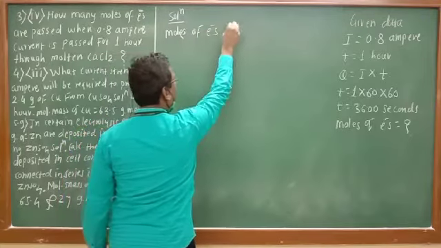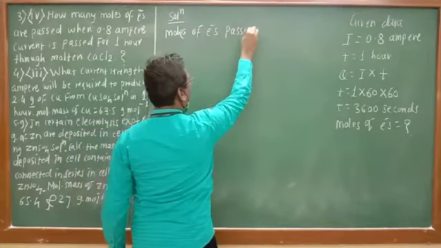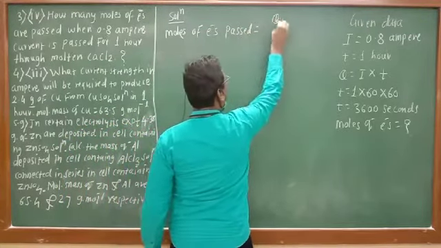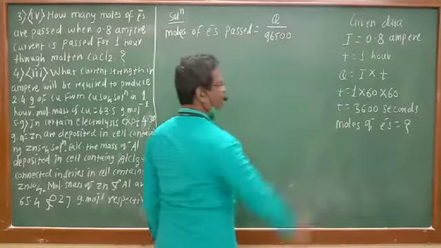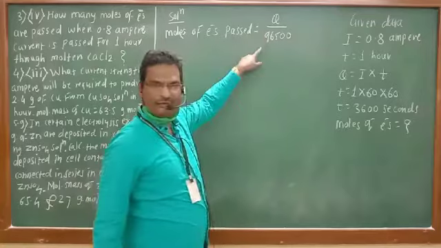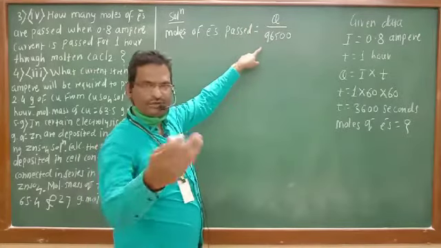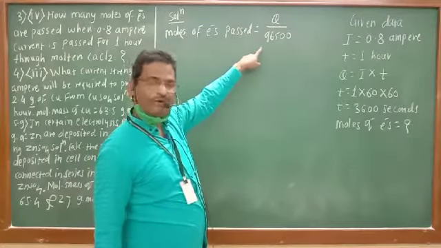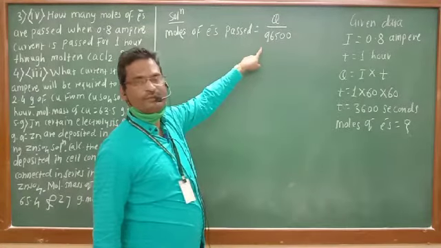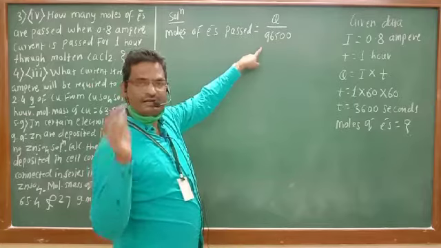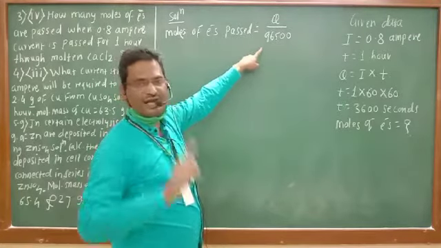Moles of electrons passed is equal to Q divided by 96,500. How this formula comes, we have seen in detail. I am not telling here the detailed derivation of this formula, because we studied that derivation just in the last lecture.